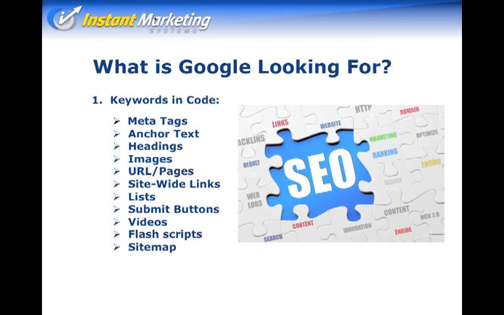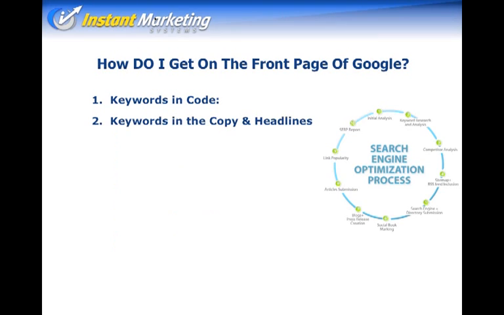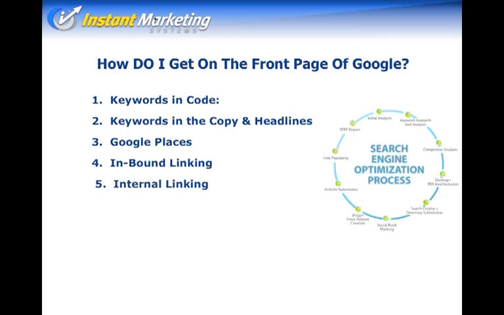So what is Google looking for? Google is looking for keywords in code. They're looking for meta tags, anchor text, keywords in headings and images and URL pages, site-wide links, lists, submit buttons, videos, flash scripts, and your sitemap. They're also looking for keywords in your copy and headlines. They're looking for you in Google Places. They're looking for inbound linking. Google's looking for internal linking on your website.